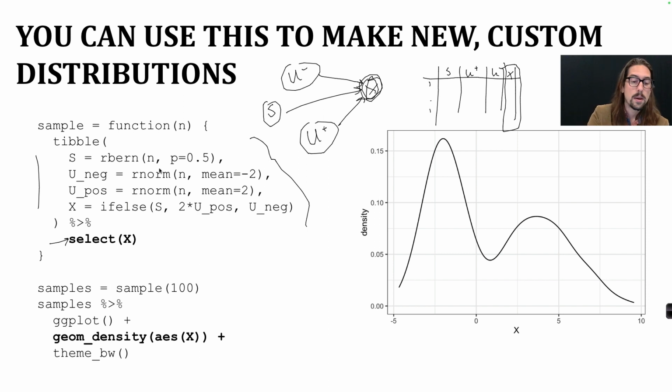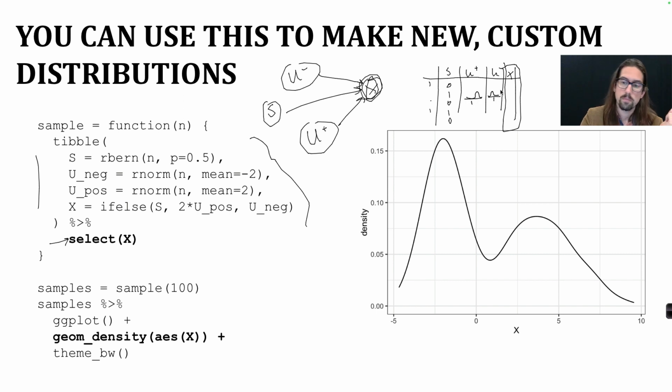And the way I did it, so we can dig into this, I chose s to be a variable that's either 0 or 1. Okay, 50% of the time it's 1, 50% of the time it's 0. I chose u minus to be a normal distribution with mean equal to -2. So maybe we draw it like this. And then u plus to be a normal distribution with mean equal to +2.